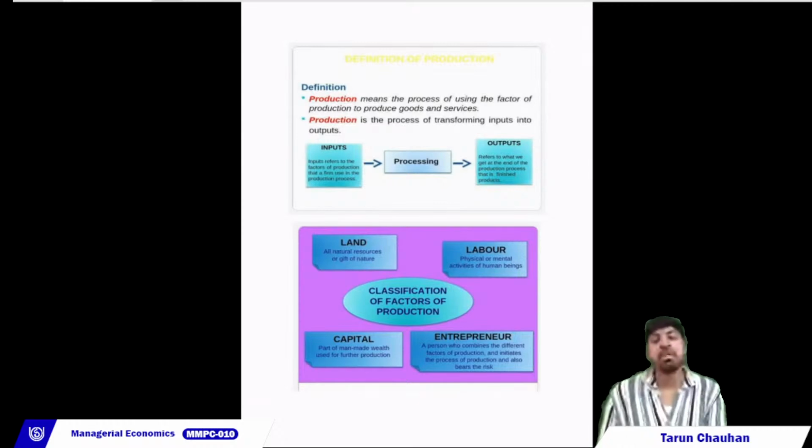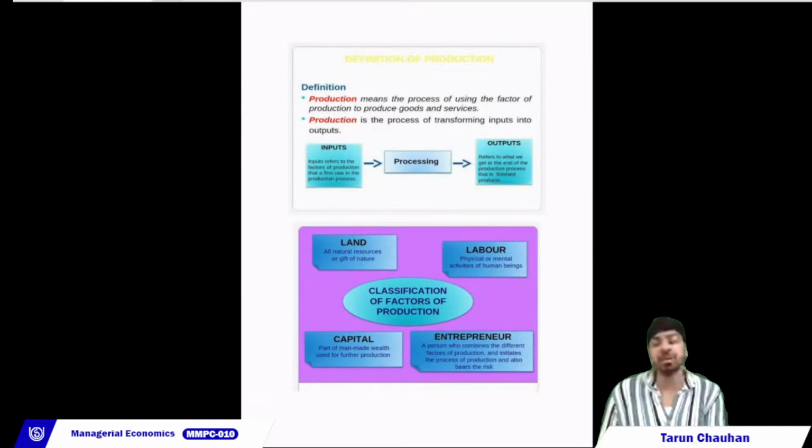The next one is the entrepreneur, or enterprise or organization. The entrepreneur is any person who combines the different factors of production and initiates work in the production process, and it also includes the factor of risk.